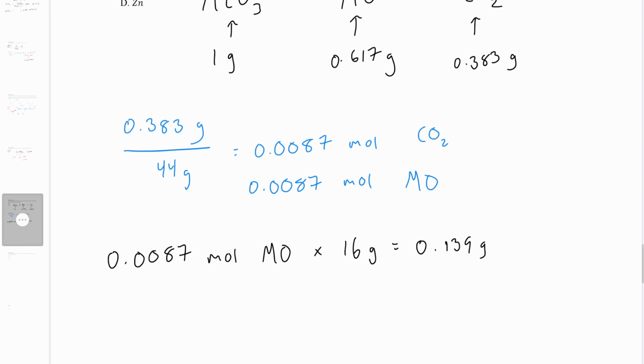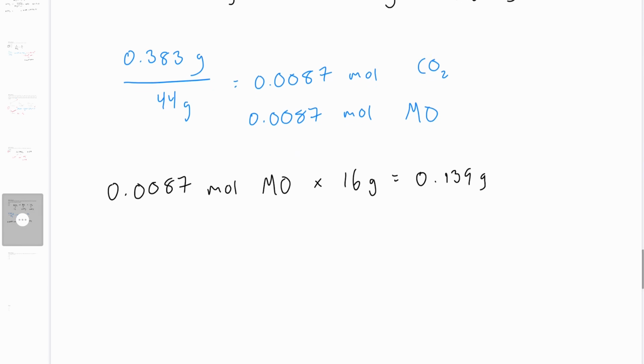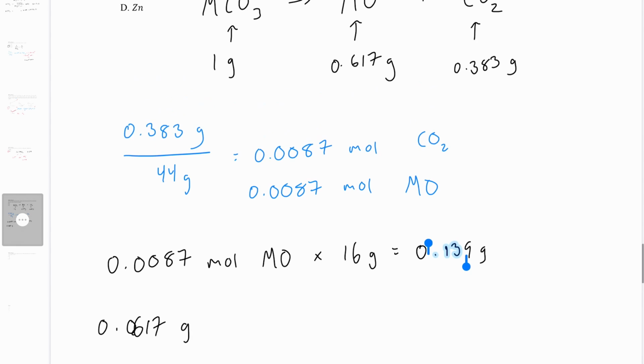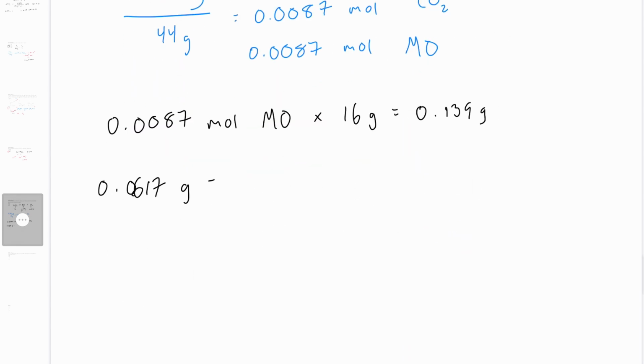All right, now that we found oxygen, we can isolate the M on its own. So we take 0.617 grams, that's the mass of the metal oxide that we found over here, and we subtract the mass of the oxygen, 0.139, and that gets you 0.478 grams of M.